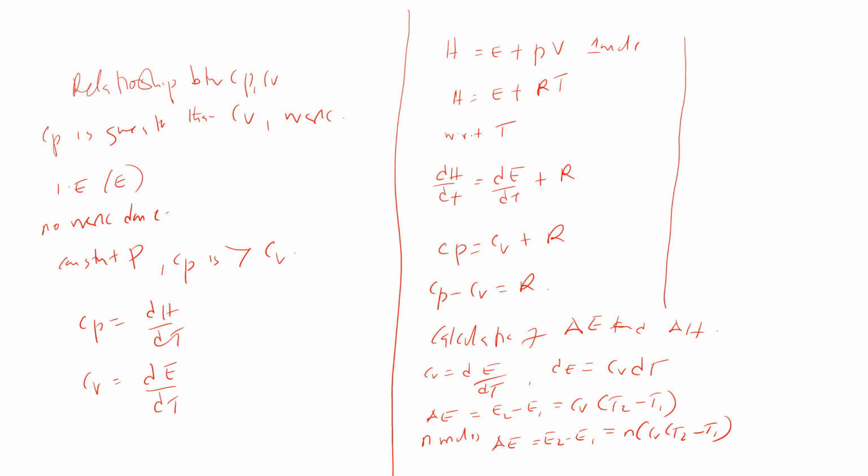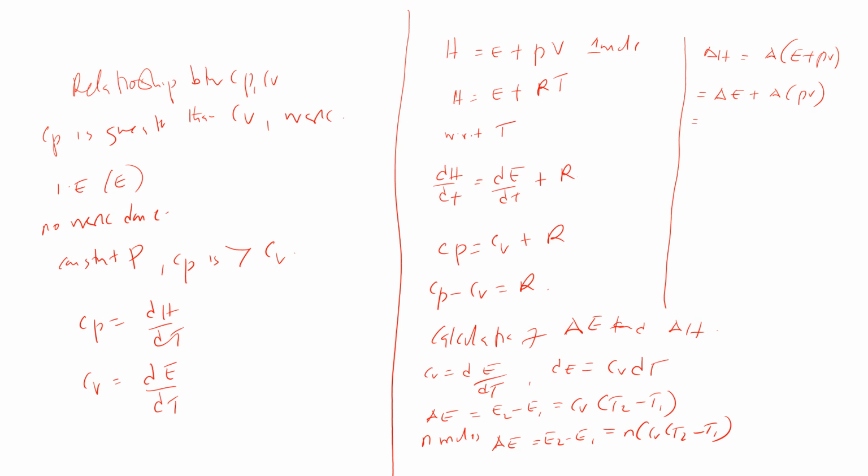We know that delta H is equal to the change in E plus PV, and this will be equal to delta E plus delta PV.